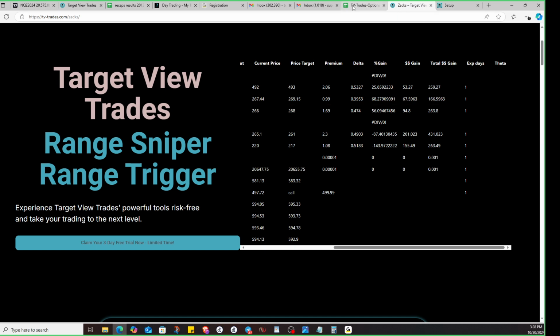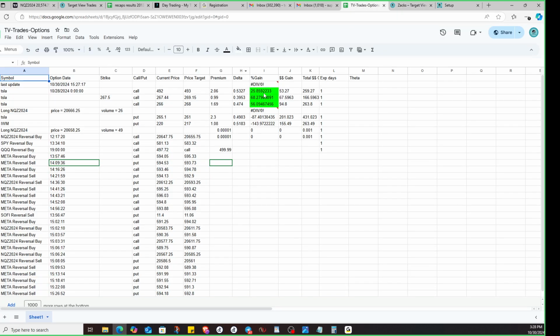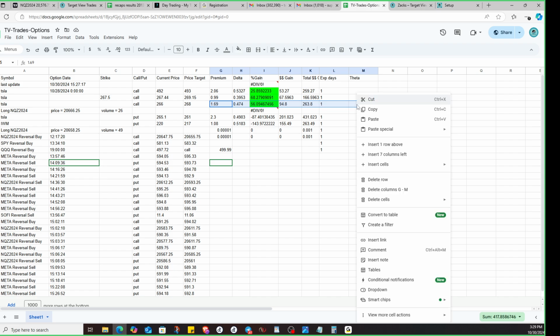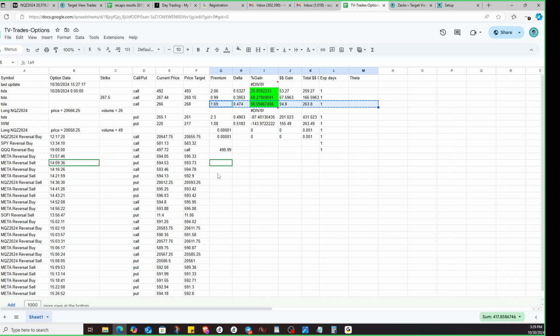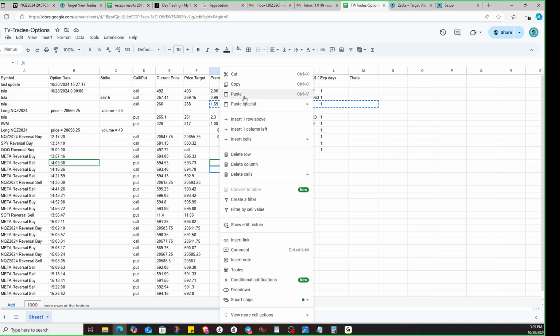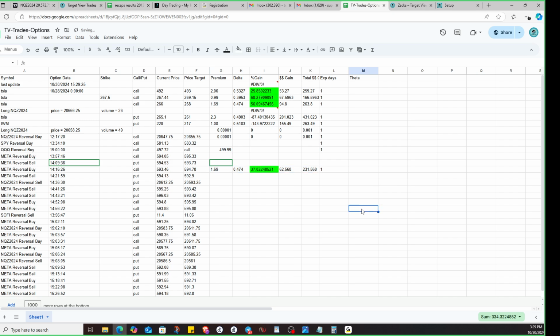It'll give you all the information to know whether you should take the trade or not. And I actually have it inside here. It highlights it if it's greater than 25%. So if we had a buy, you would be looking for a call option. And so the criteria for the call option, if we were to take all of these formulas from here to here and copy those and stick them down here, there.